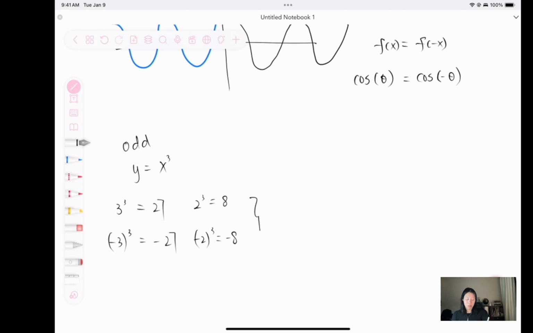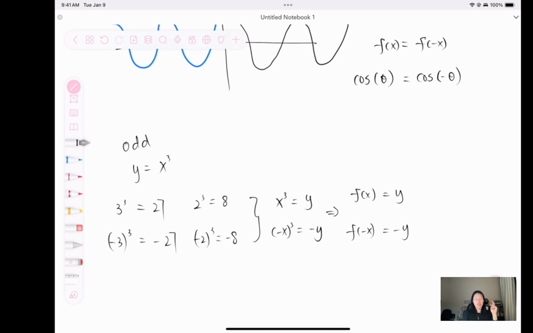Now, summarize it. If x cubed equals y, then negative x cubed equals negative y, right? Again, we write it into the function form. If f(x) equals y, then f of negative x equals negative y.